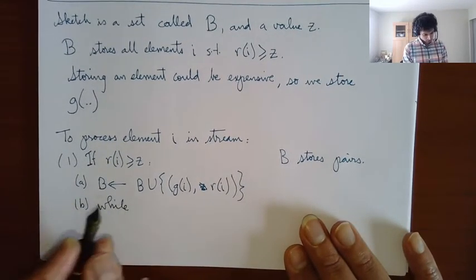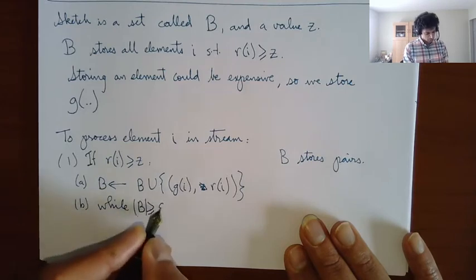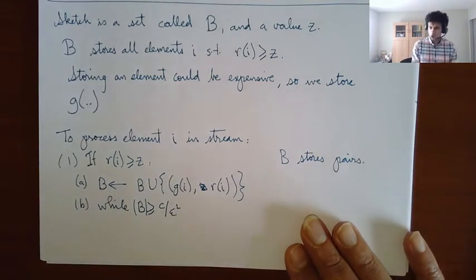Say while B, the size of B is at least C over epsilon squared. C is going to be some constant here.